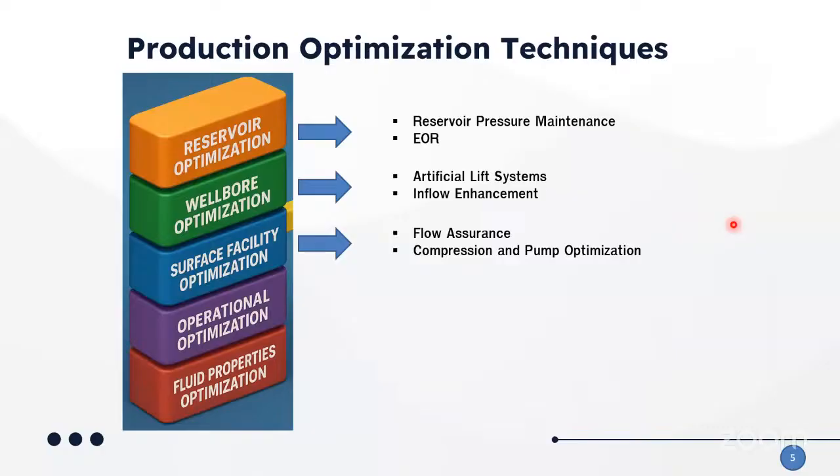optimization. You ensure that your pump is working optimally and your compressor is in good working condition. This helps you to maintain your surface facility and drive production optimization. Then operational optimization, digital oilfield.